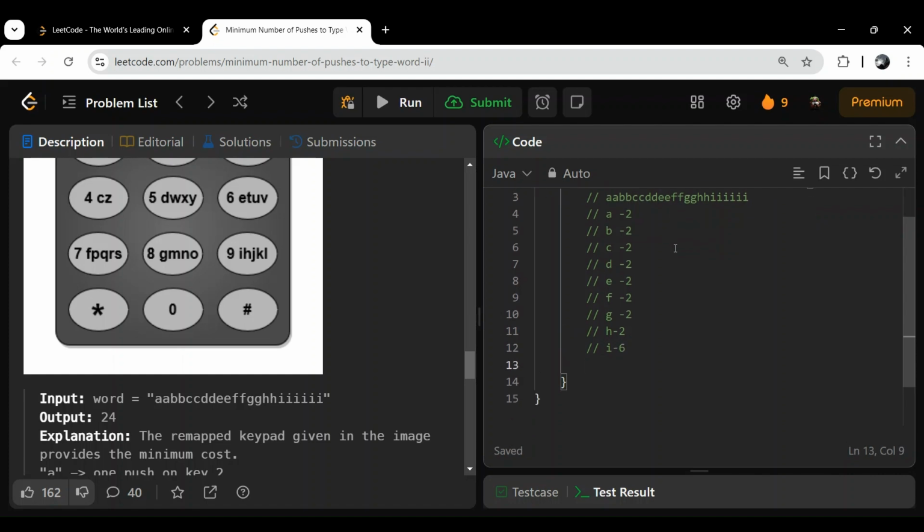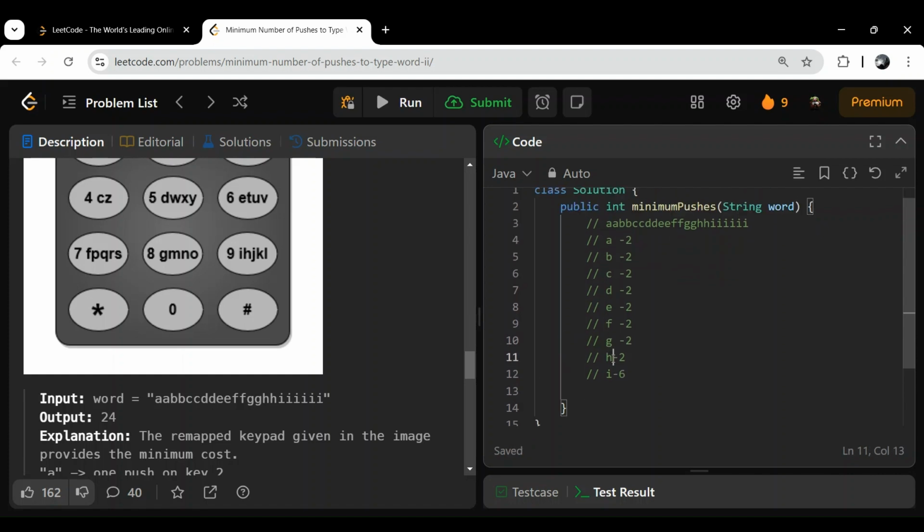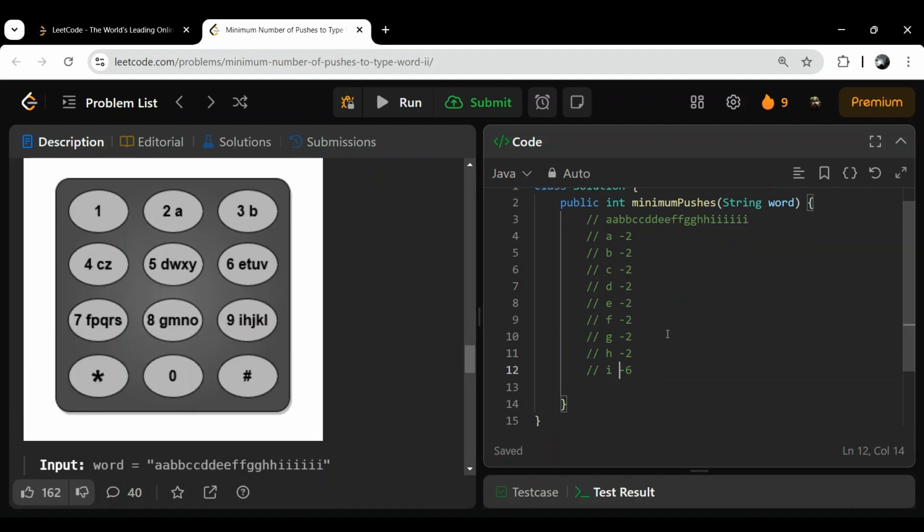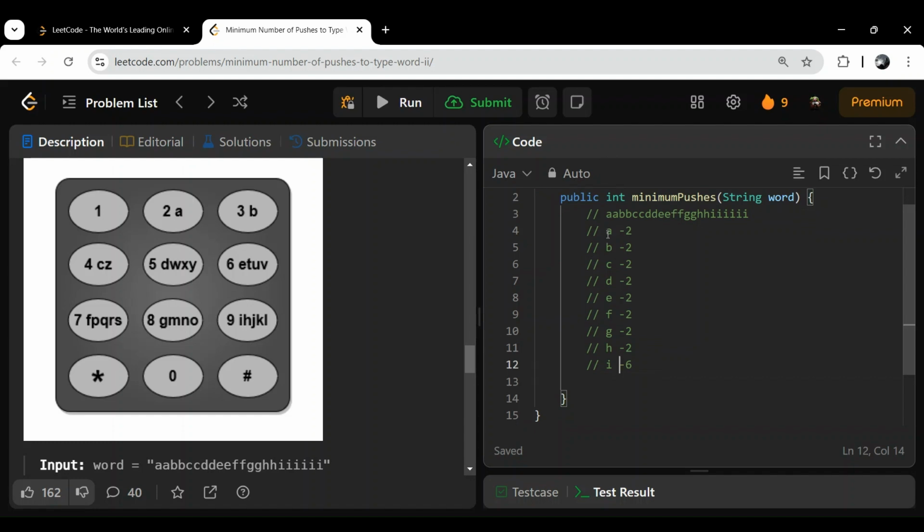So we have a total of 9 characters. We have 8 numbers, right? From 2 to 9 we have 8 numbers. So we have to place the letters on these 8 numbers.